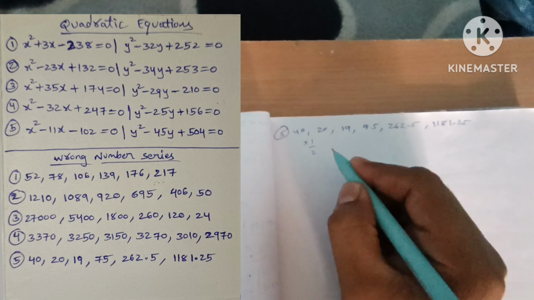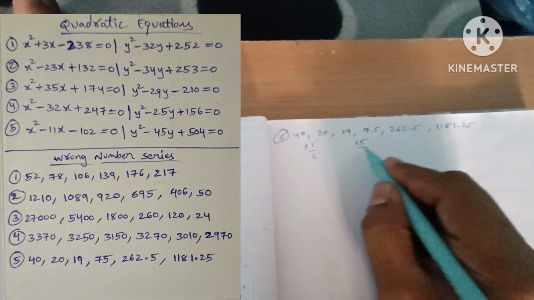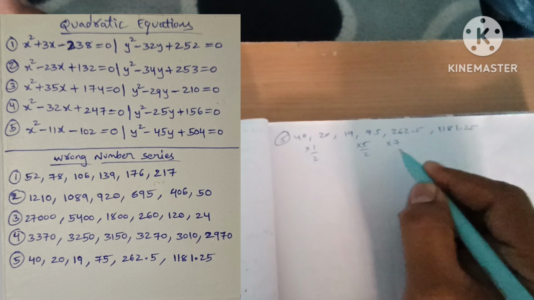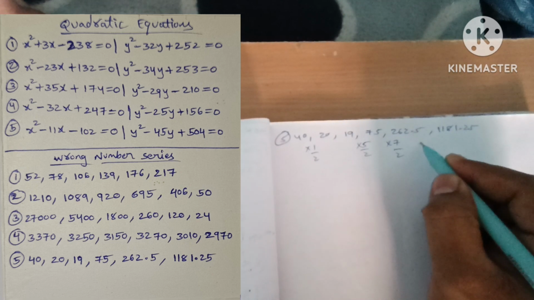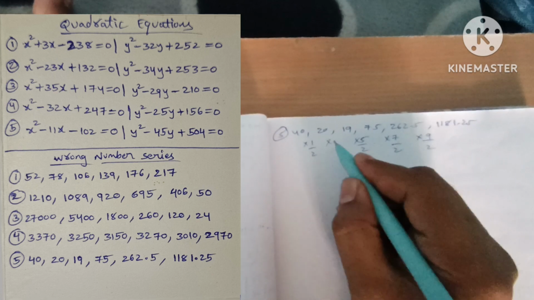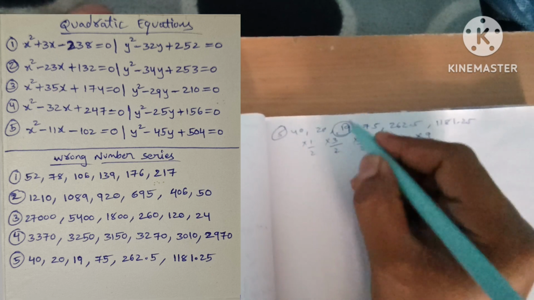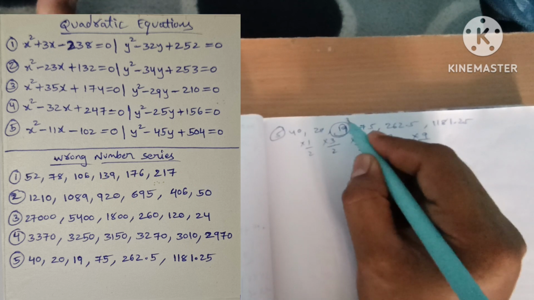This is half time, this is 5 by 2 time, this is 7 by 2 time, this is 9 by 2 time. So this must be 3 by 2 times. 10, 3, 30. This is the wrong number. So our right number is 30.